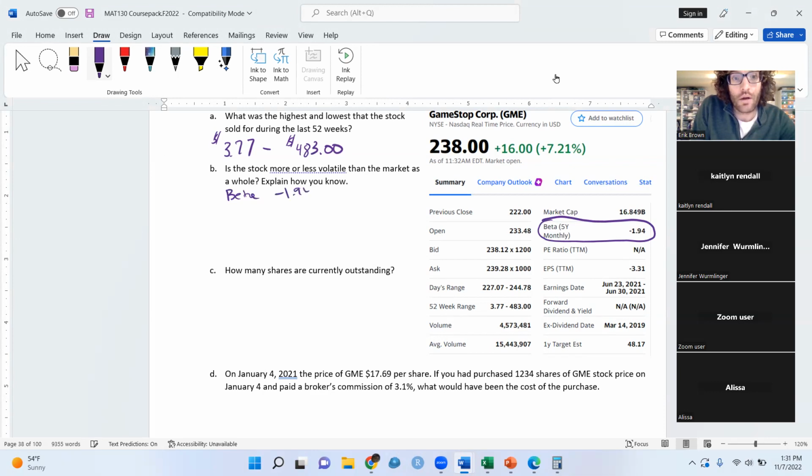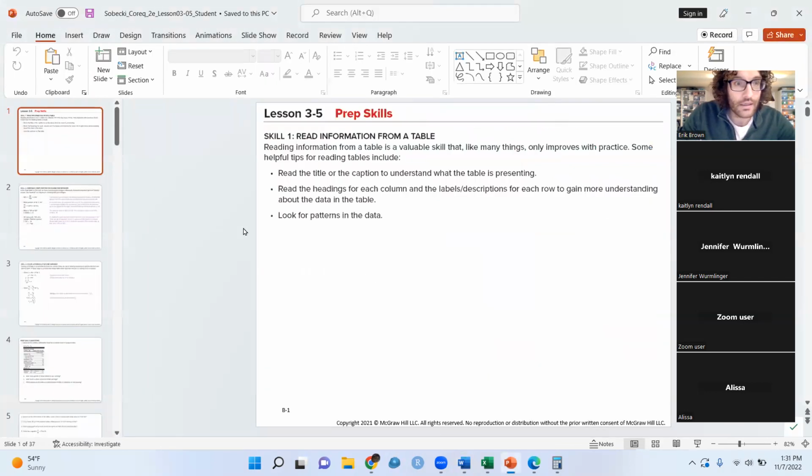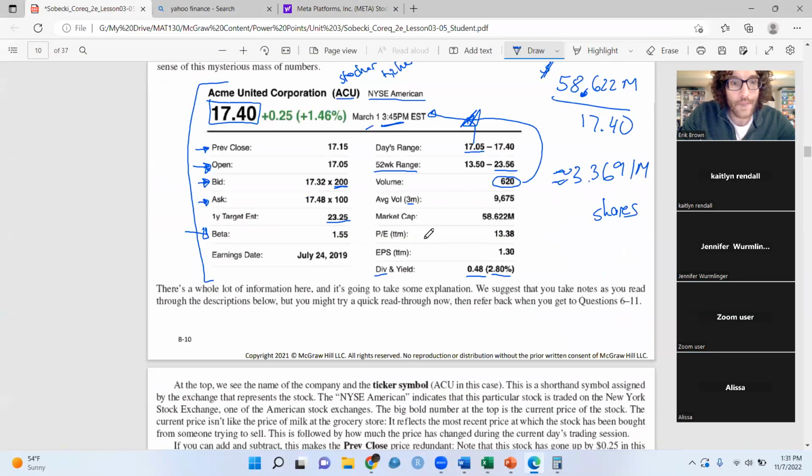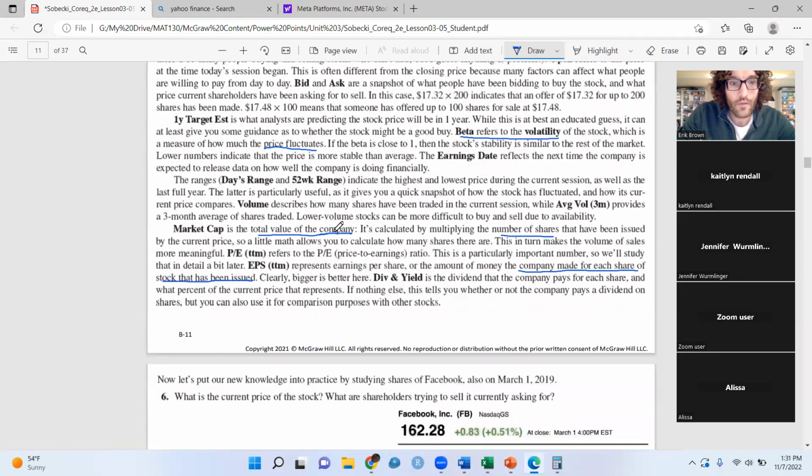So what we said from the textbook is that beta, wrong one. Beta refers to volatility, which is a measure of how much the price fluctuates. If beta is close to 1, then the stock stability is similar to the rest of the market.